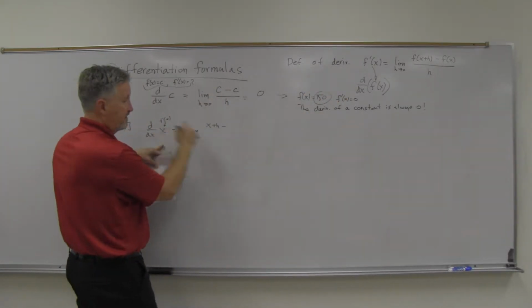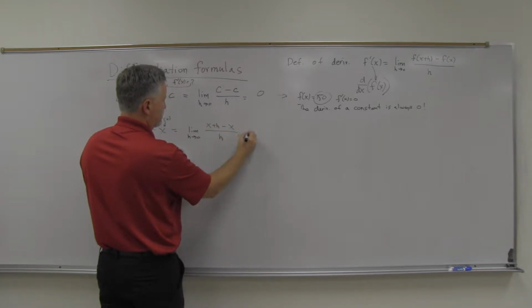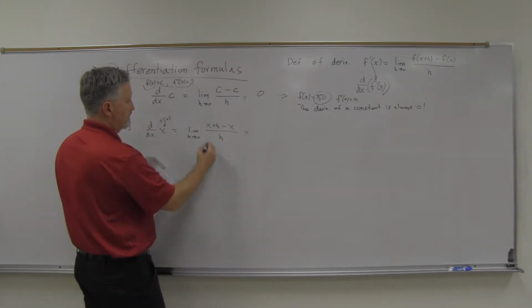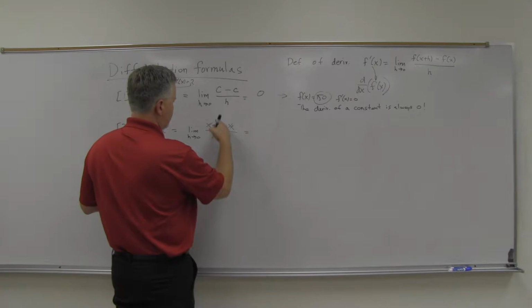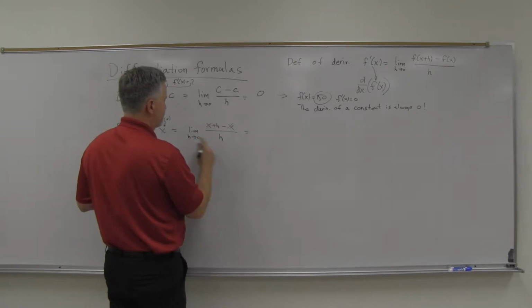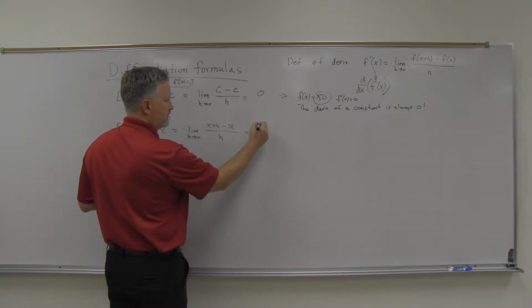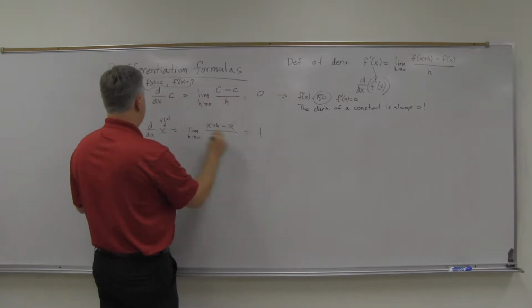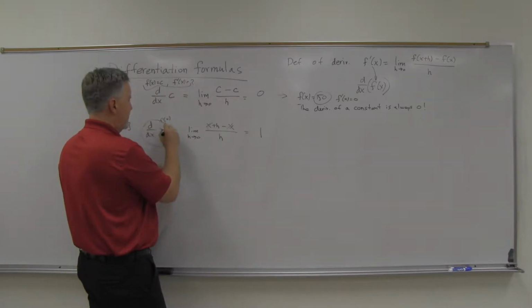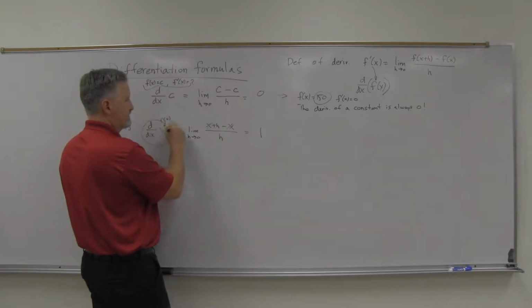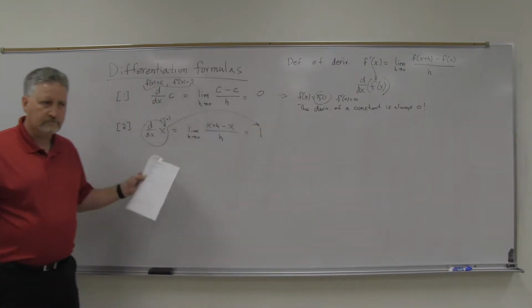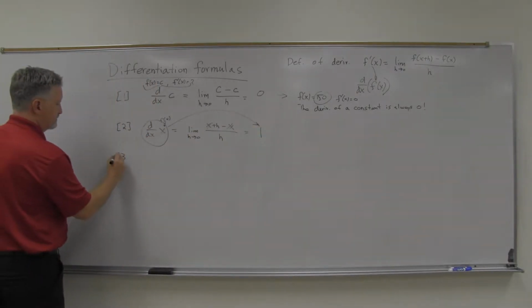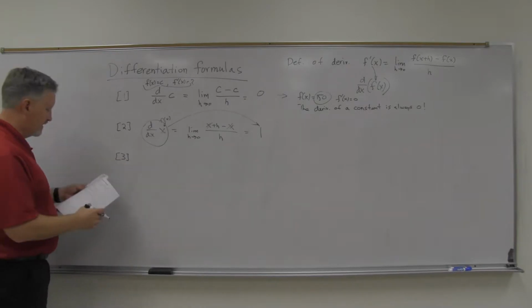Well, the f of x is x, over h. That's what I've got written down there. So what happens? Well, the x's cancel. We get h over h, which is 1. The limit as h approaches 0 of 1 is 1. So the derivative with respect to x of x is 1. Okay. Not much there, but that's what it is.